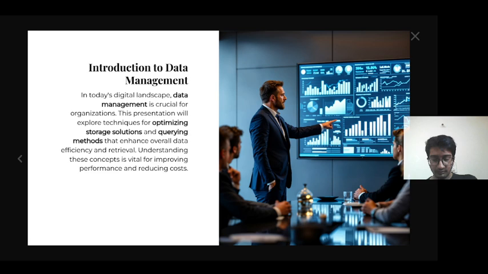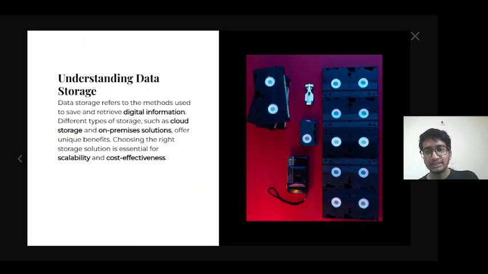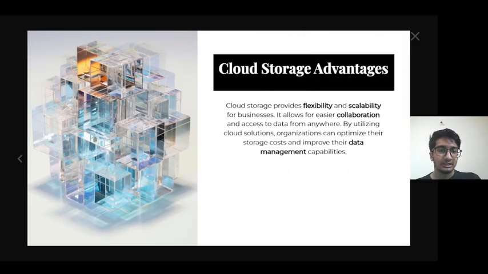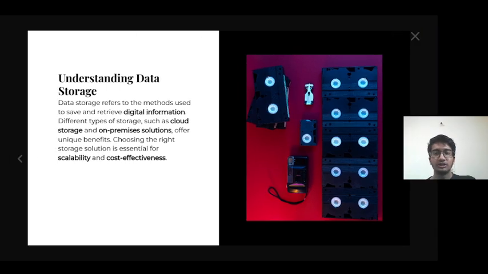So, what is present inside of it? Okay. So, first one for storage and querying in databases is storage and file structure. Storage refers to the underlying mechanism that stores data in a database.